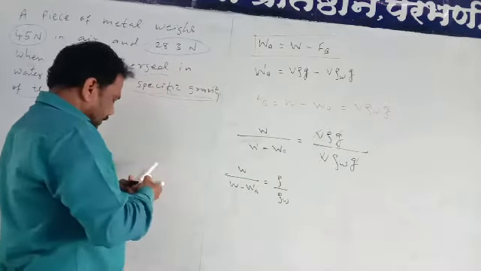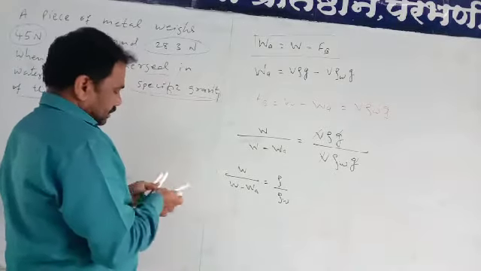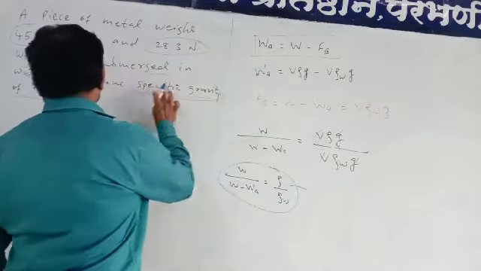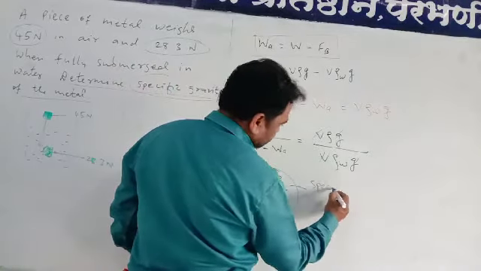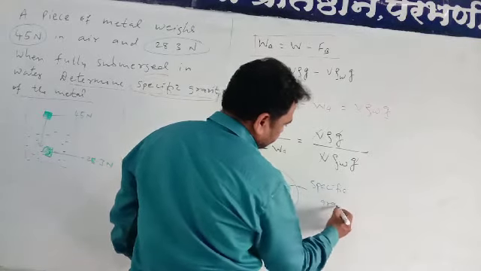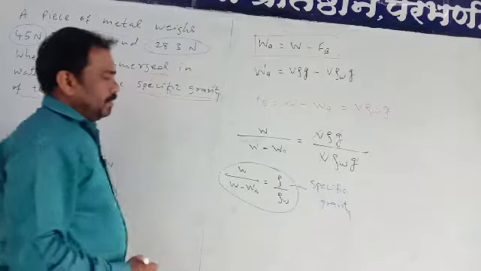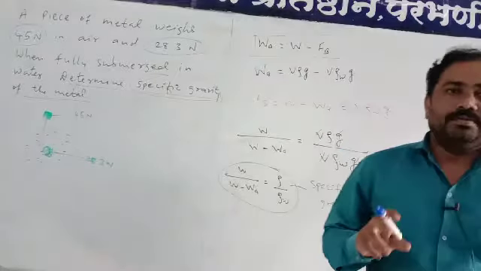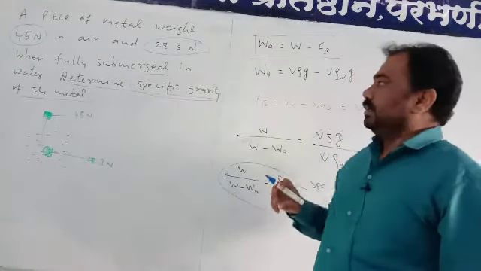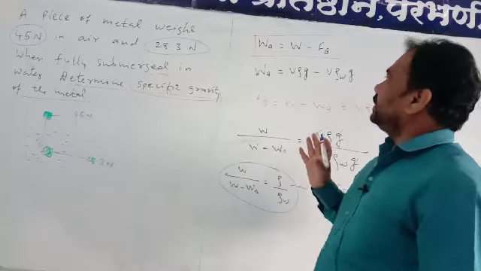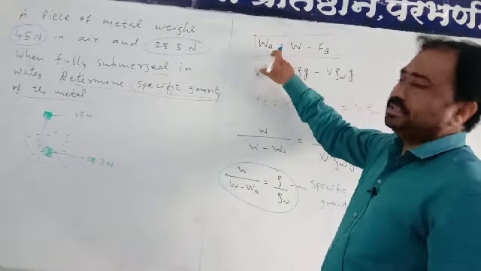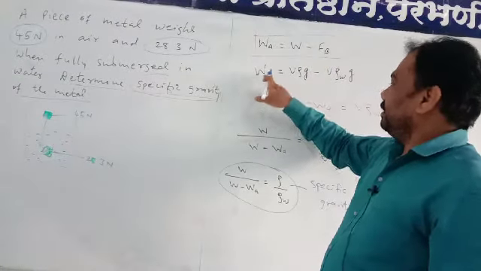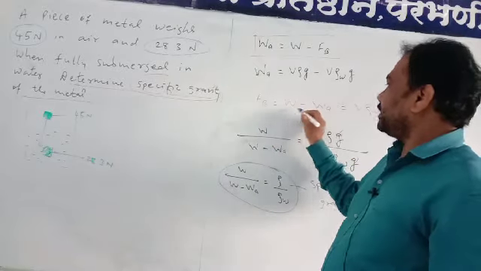This whole concept is called specific gravity. Sometimes in fluid mechanics you have to calculate specific gravity, and this is the main concept: apparent weight is actual weight minus buoyant force, and buoyant force can be written as the difference between actual weight and apparent weight.